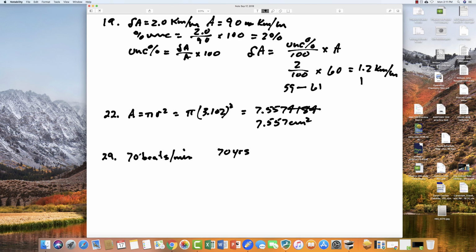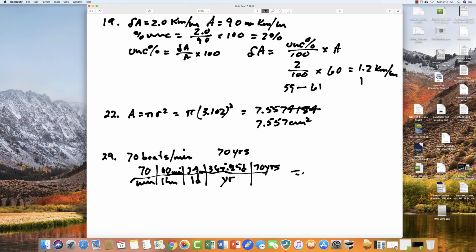Now, let's just take 70 beats per minute, and we'll say that there are 60 minutes in an hour, 24 hours in a day, and 365.25 days in a year, and 70 years in a lifetime.